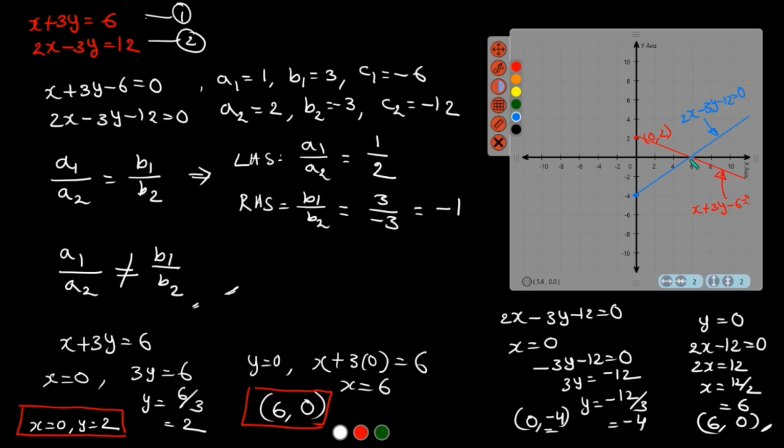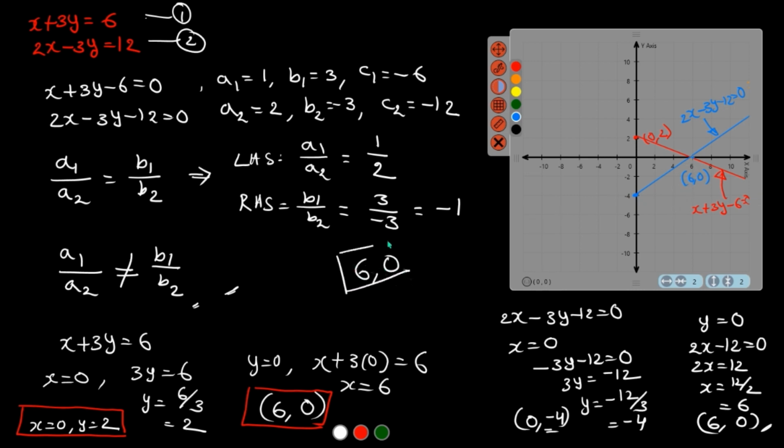That means it has one common solution, that is 6 comma 0. So x is 6 and y is 0 satisfy both equations.